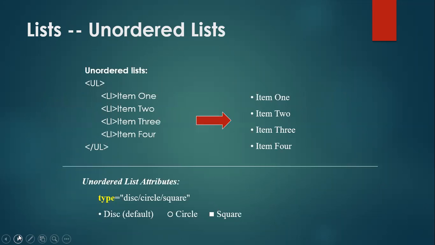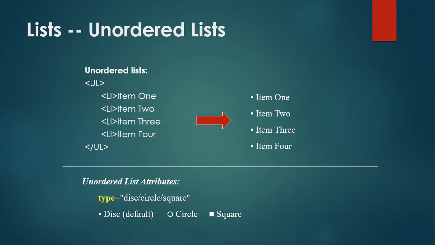Here are the HTML tags that we use to create the unordered list. We use a pair of tags. The starting tag is UL, unordered list, in angle brackets, and its pair tag, the closing tag, is typed at the end of all the items that we want to include.